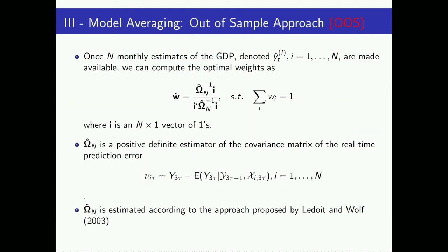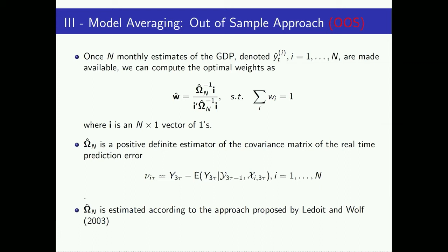Now, if we move to the second strategy that is related to the out-of-sample approach, in this case we compute the weights that are directly related to the real-time prediction error of the model.